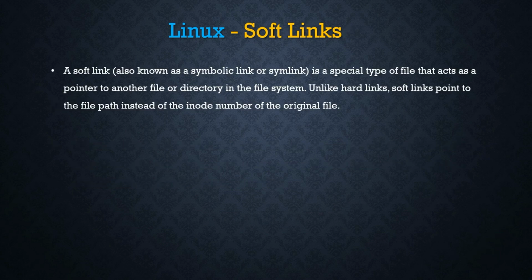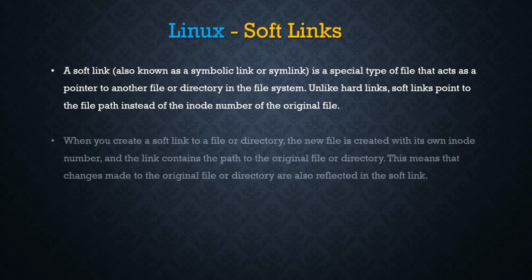Let's jump to soft links. A soft link, also known as a symbolic link or symlink, is a special type of file that acts as a pointer to another file or directory in the file system. Unlike hard links, soft links point to the file path instead of the inode number of the original file.